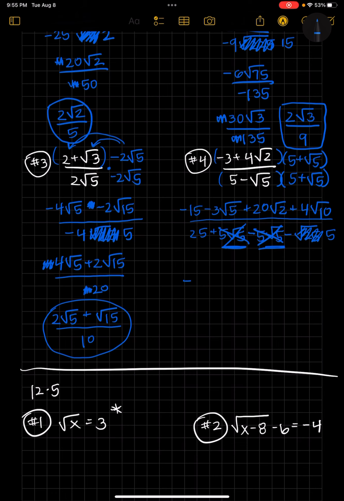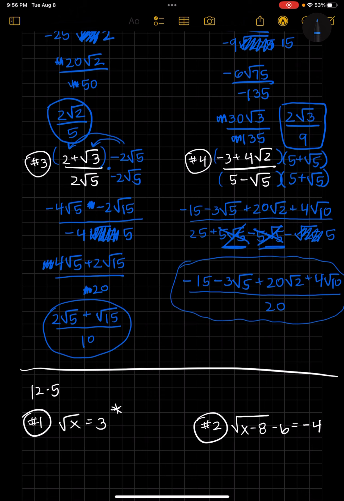So my final answer is negative 15 minus 3 root 5 plus 20 root 2 plus 4 root 10 all over 20. And this, you can't simplify anything on the outside because some of them are odd, some of them are even. They won't divide by a common denominator. So this is my final answer.